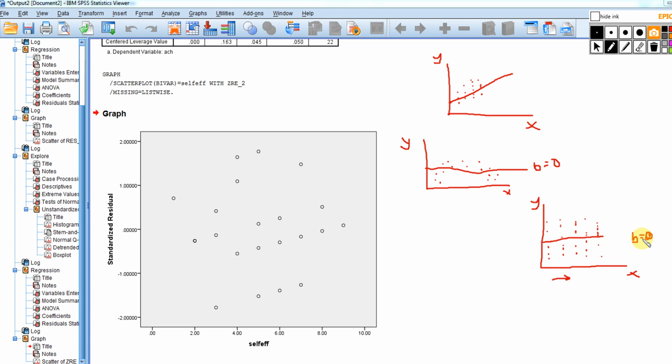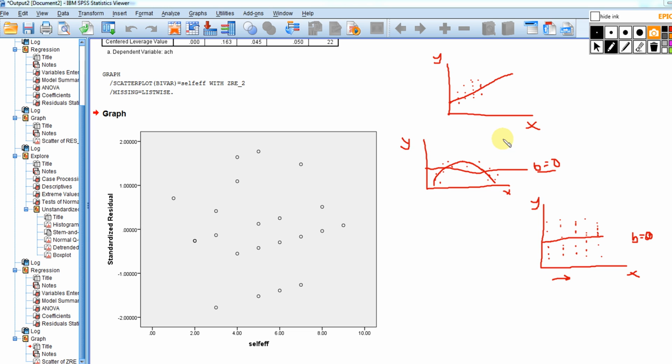So that is a big problem, and that's something that you want to be sure to check out in your data, whether the data points seem to be following a linear or nonlinear trend. There are a couple of ways that you can detect a nonlinear trend in your data. One is that if you plot out your residuals against the values on your predictor, here's the mean of the residuals.